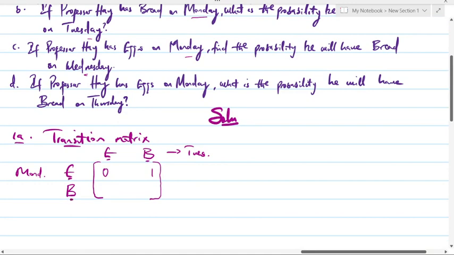So if you order bread on Monday, you can either order eggs or bread on Tuesday with equal probability, which is 0.5 and 0.5, and this gives us our transition matrix for the problem.